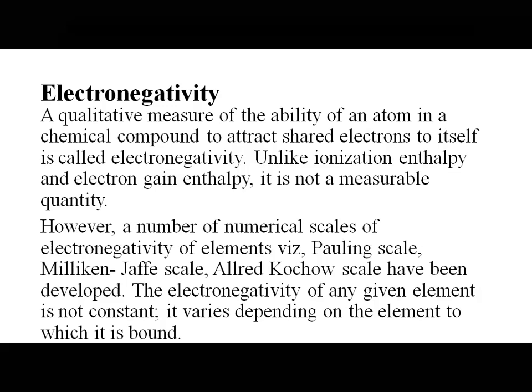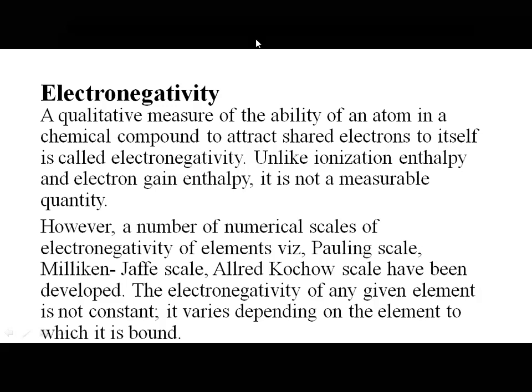A qualitative measure of the ability of an atom in a chemical compound to attract shared electrons to itself is called electronegativity. See, ionization energy, we measure it as kilojoules per mole. Electron gain enthalpy, we measure it as kilojoules per mole. But electronegativity is not a measurable quantity. It is just the tendency of an atom in combined state.